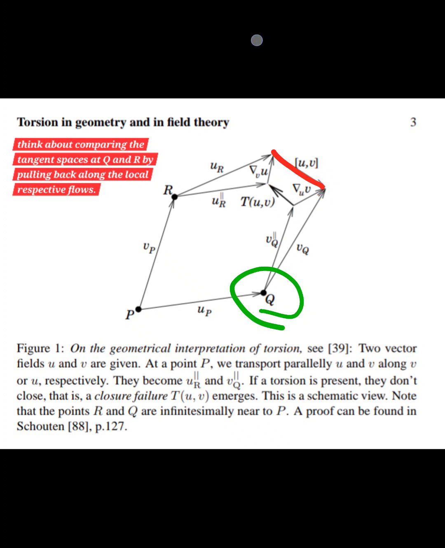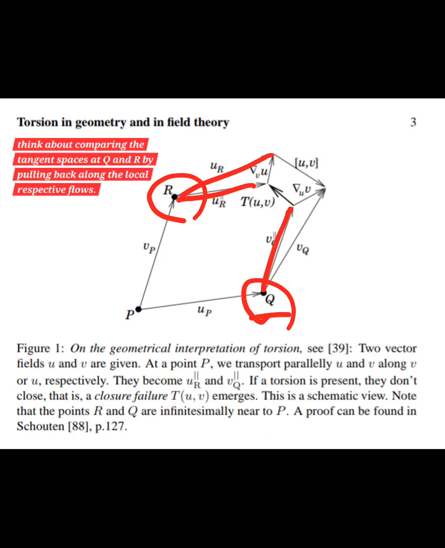because the points R and Q, here and here, are at different points of the manifold, so their tangent spaces are actually different. So how do we compare these sets of two vectors for each point? At R I have two different vectors, and at Q I have two different vectors.